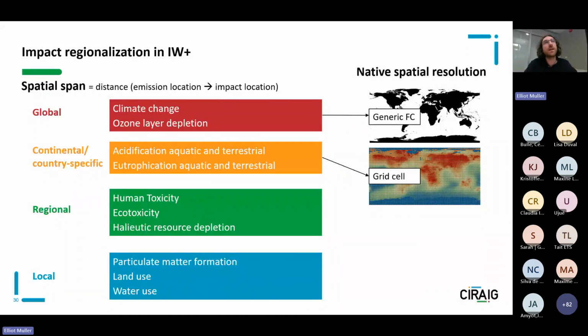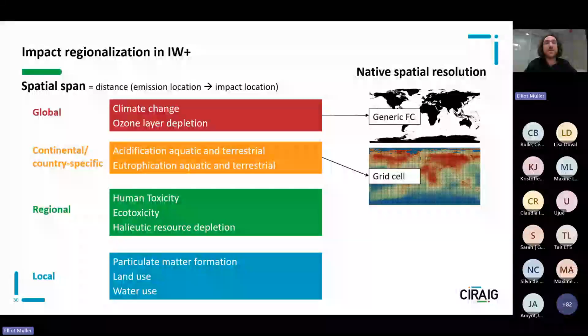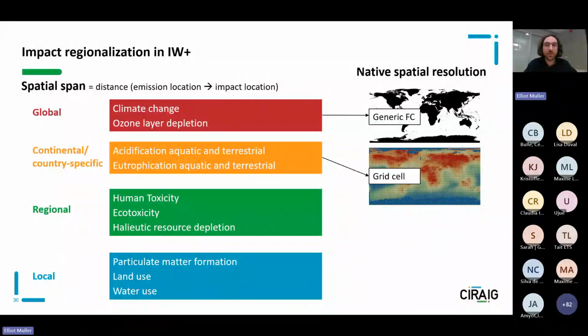That's why at the native level, we use grid cells that are quite fine and detailed, which allows us to quantify those impacts very specifically depending on the place where the emission has been emitted.